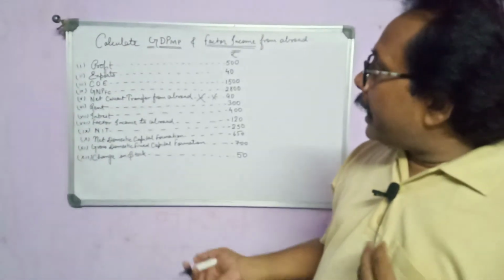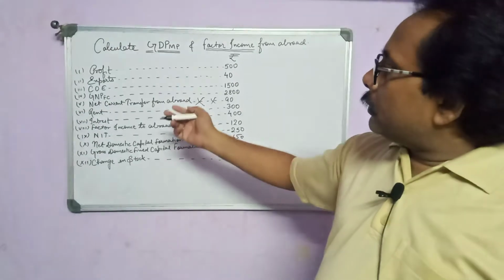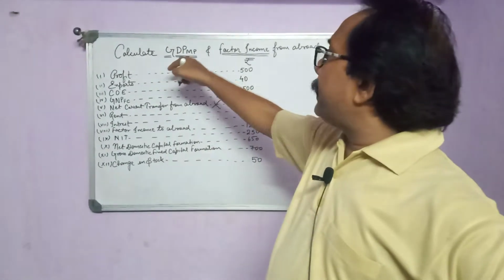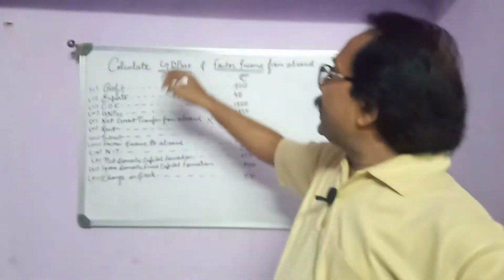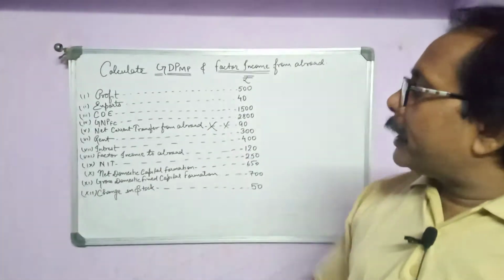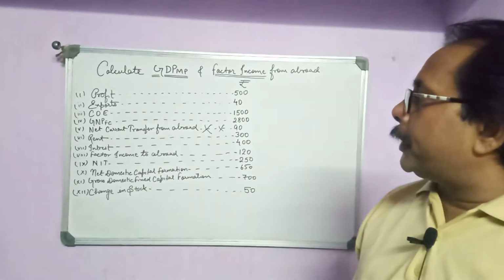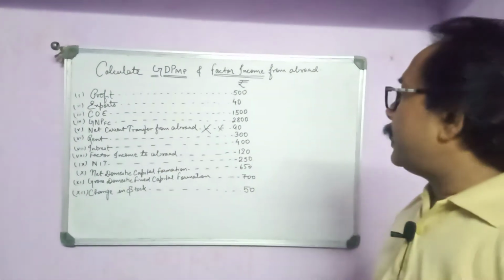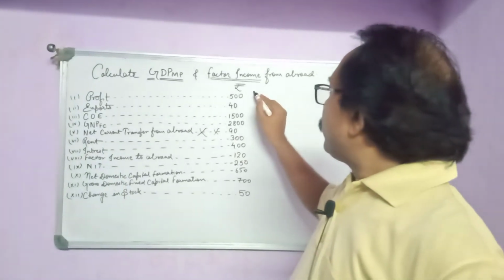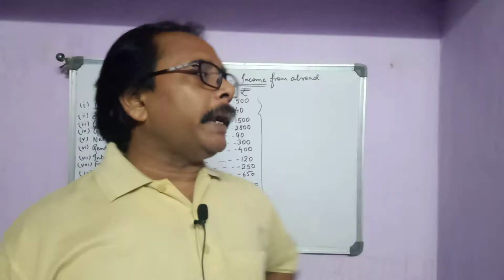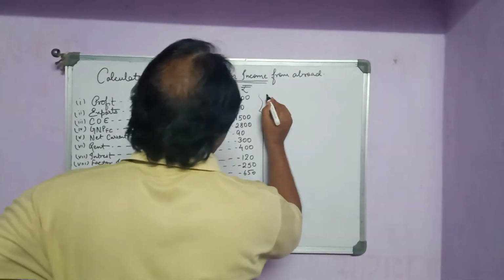But here we are going to calculate GDP at MP through the income method, because most of the components are related to the income method. So first of all we will calculate NDPFC.